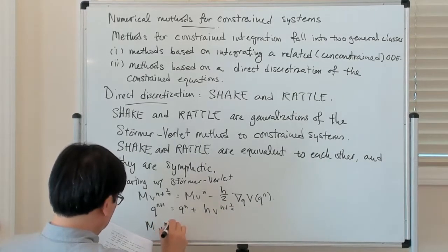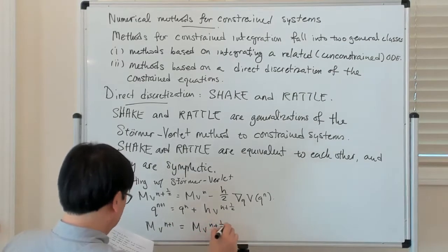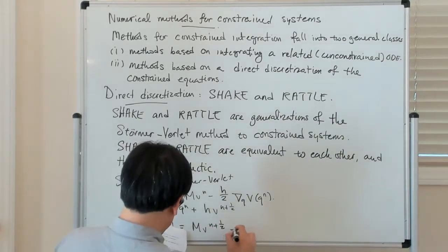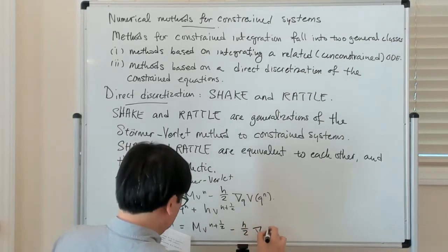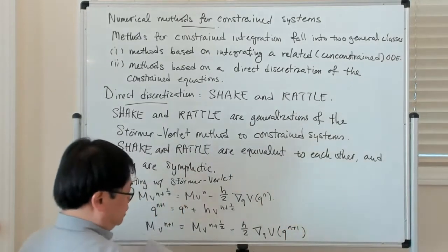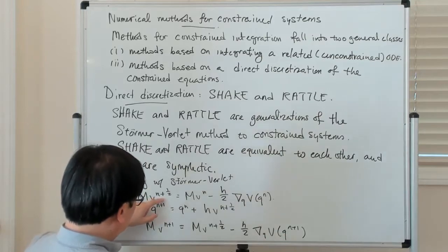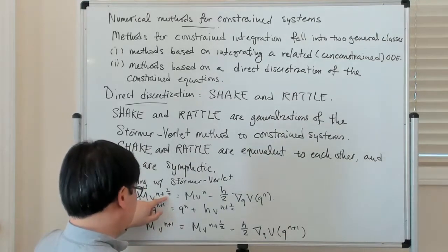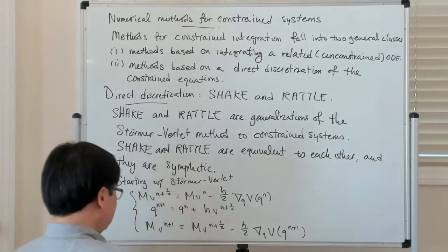mv at the full step is equal to mv at the half step minus h over 2 times the gradient of the potential at the new step. I should say that here I'm using the notation where the superscript denotes the time at which the data is given.